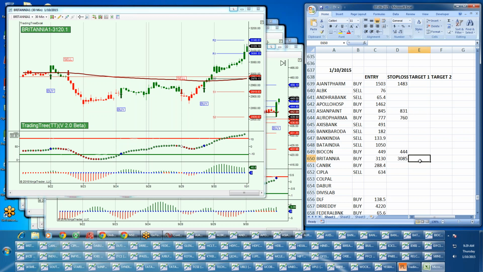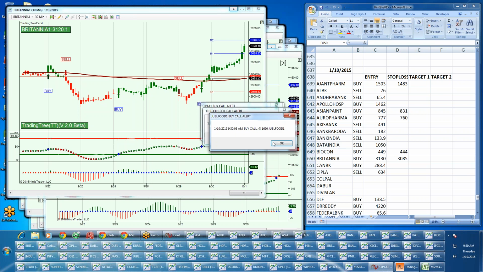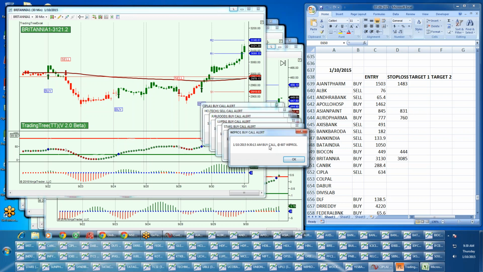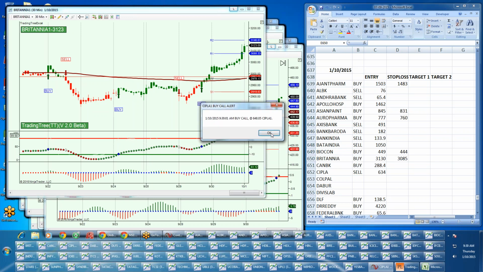Sorry, you will have to book the profit at 3145. Cipla, so these are the calls that we were expecting. Wipro a buy, Star buy, Lupin, Jubilant Food, HCL Tech sell, and Cipla.